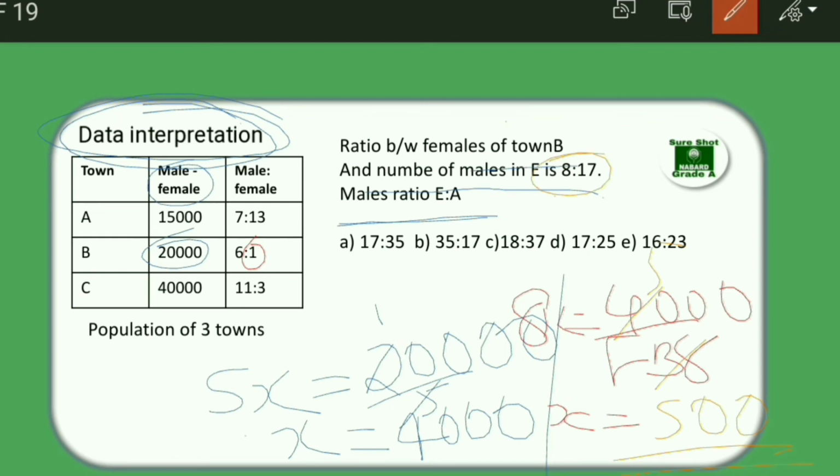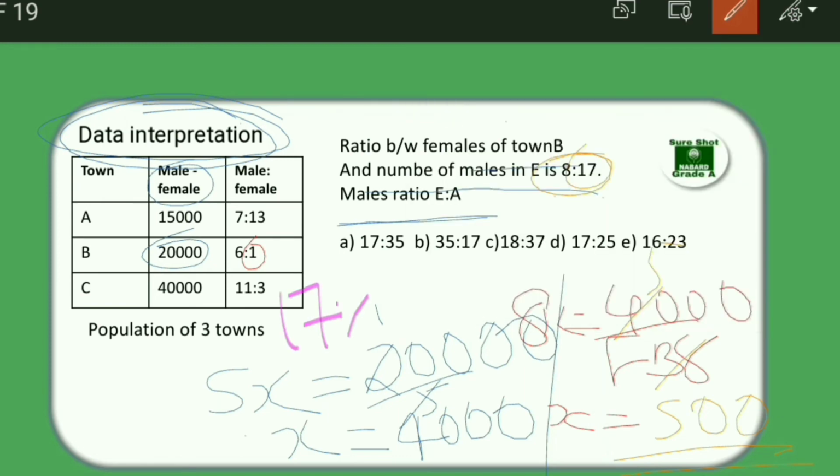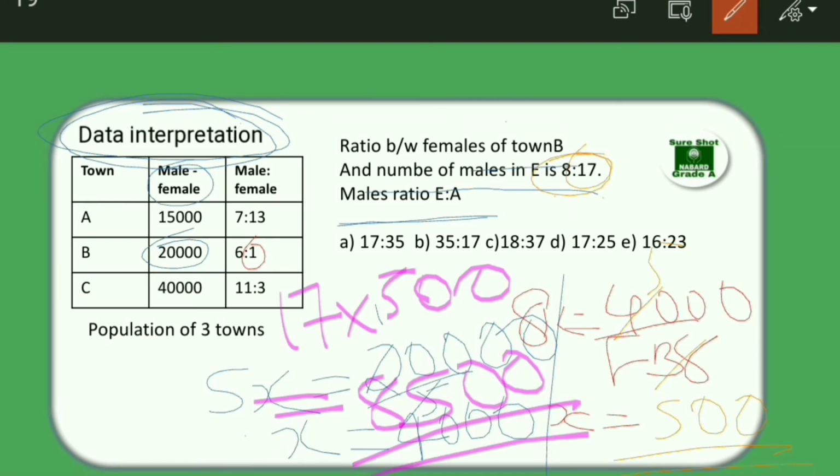So we need to multiply to find out the males, which is 17x. So we need to multiply this x with 17. 17 into 500, which is 8,500.